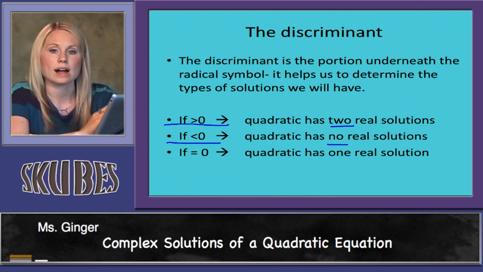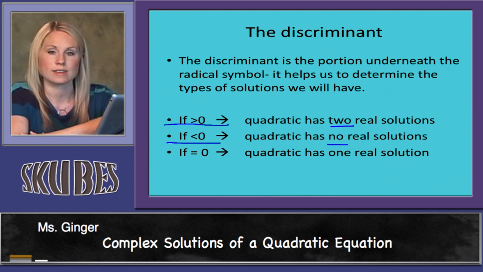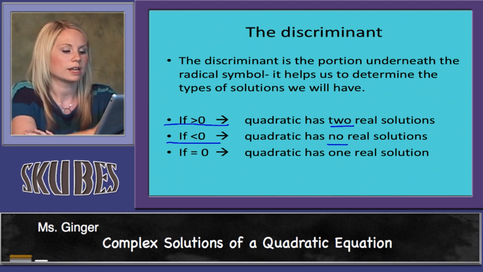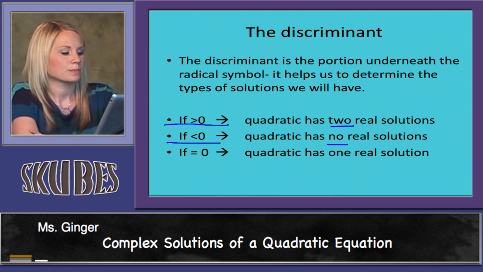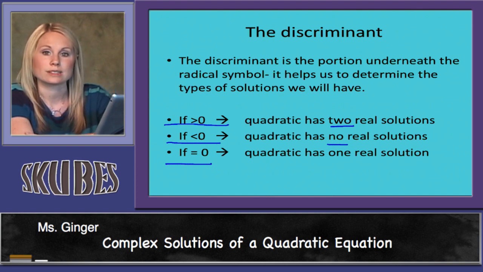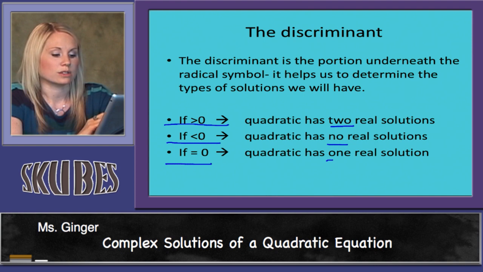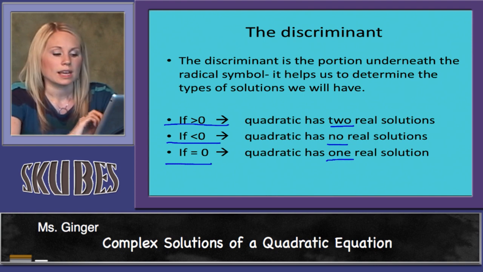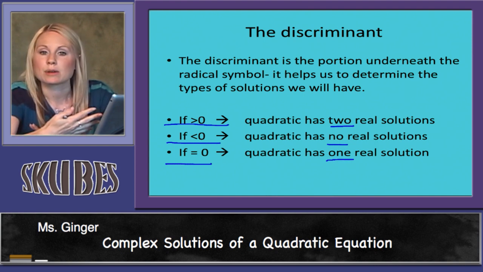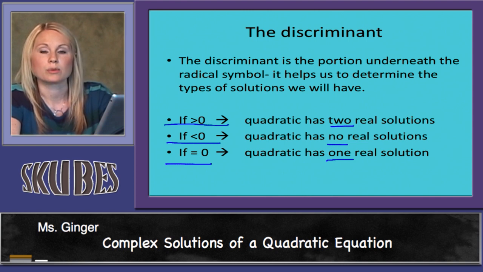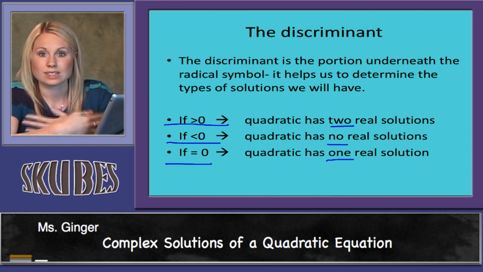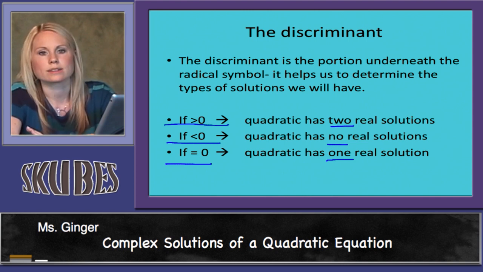Both of them will have an i attached because of that negative under the radical, so that means no real numbers. And if that portion is equal to 0, that means our quadratic has just one real solution. It's the same number twice, and we call that a double root. But since it's the same number, we think of it as one solution.